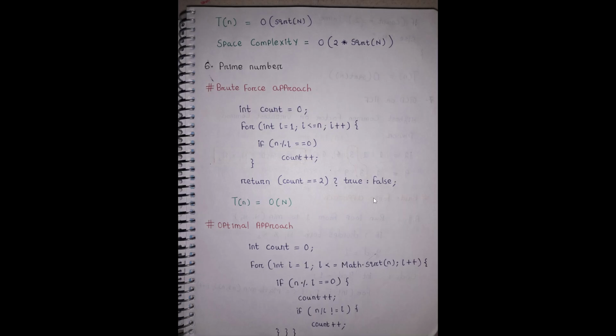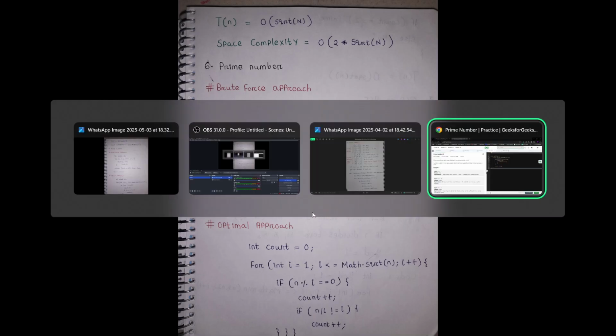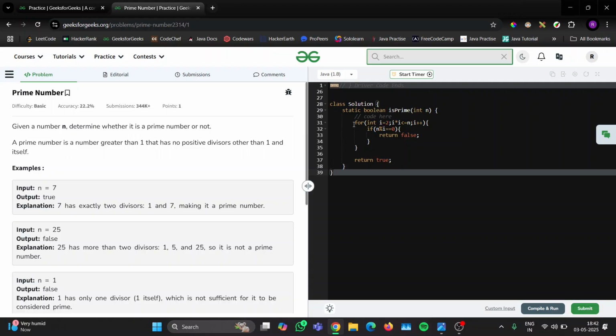So this is basically a ternary operator which returns a value on the basis of some specified condition. So the time complexity is very simple. It's going to be big O of n because we are traversing from 1 to n. So that makes our time complexity big O of n.